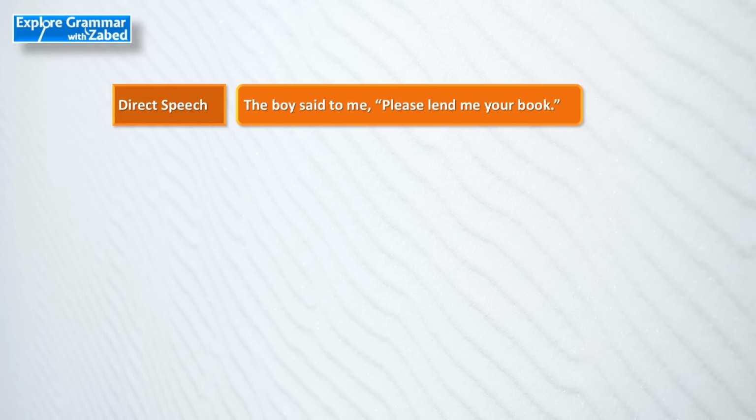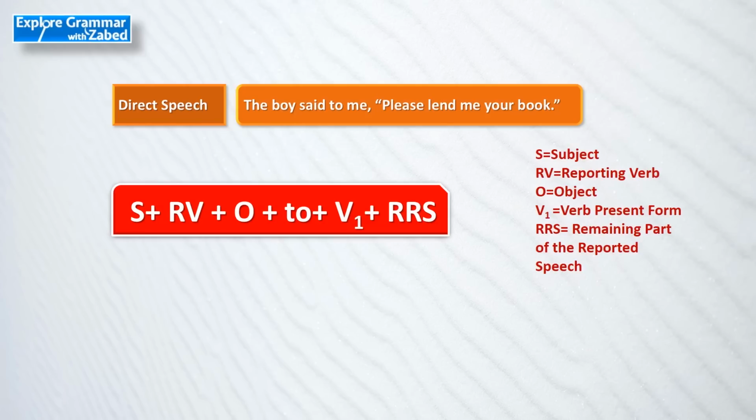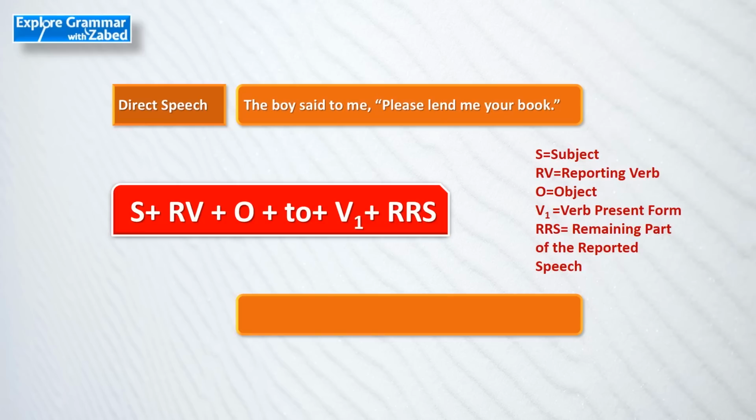Example 2. The boy said to me, "Please lend me your book." Our structure is subject plus reporting verb plus object plus to plus verb in present form plus remaining part of the reported speech. Here, the subject is the boy. As per sense of the reported speech, the boy is requesting me something, so the reporting verb will be requested.